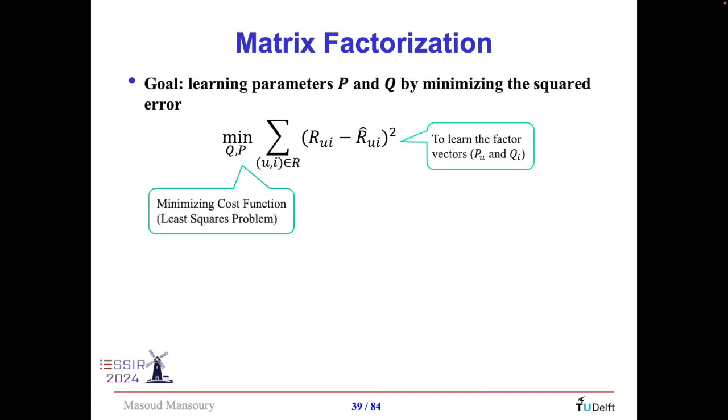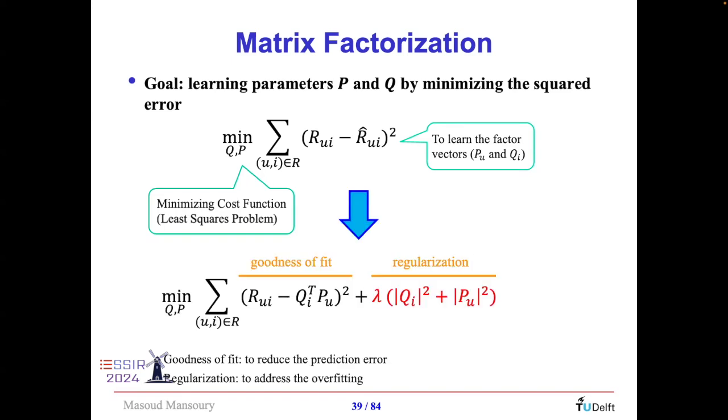In formulation, for learning these two matrices, P and Q, we minimize the squared error of the difference between the original matrix and our predicted matrix. The goal here is to reconstruct the original interaction matrix that we had, and we try to minimize the difference between our prediction and the actual rating in the interaction data.